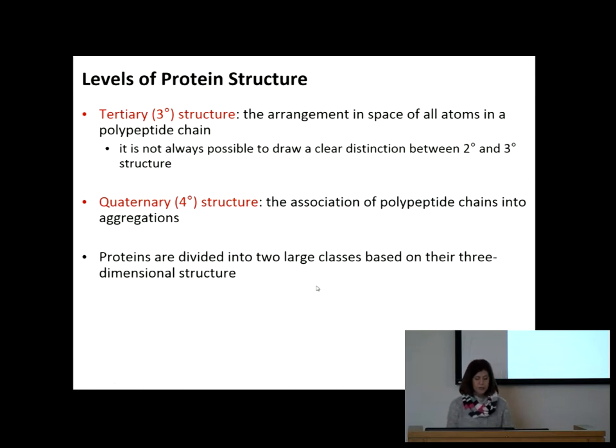Now, based on their three-dimensional structure, we have two types of proteins based on the shape that results in their tertiary structure. A fibrous protein that has the shape of a fiber, and globular proteins that have the shape of a glob.